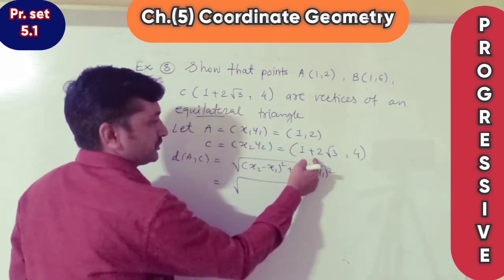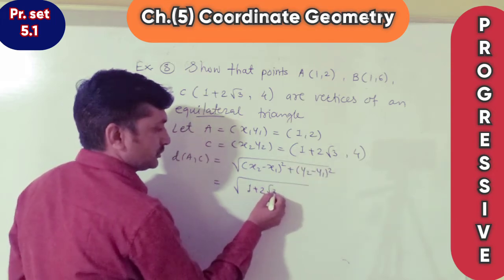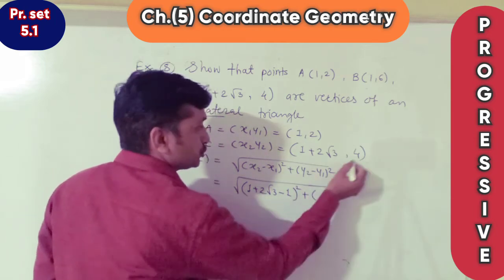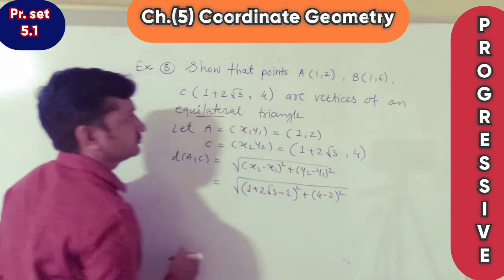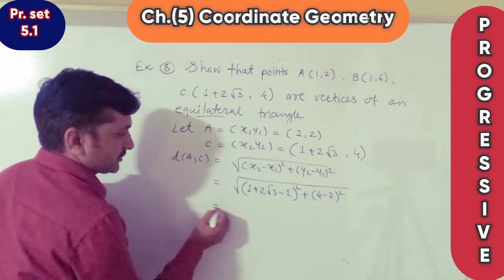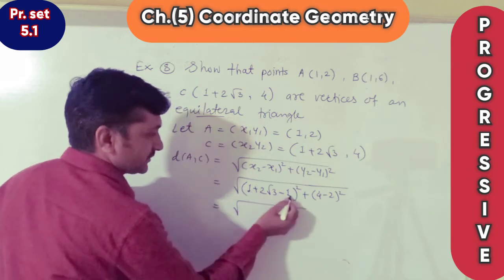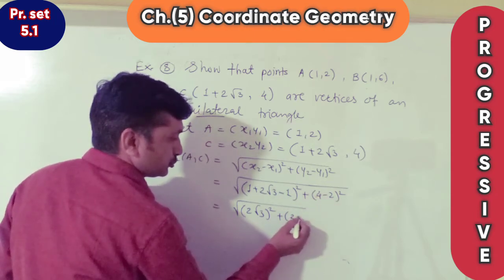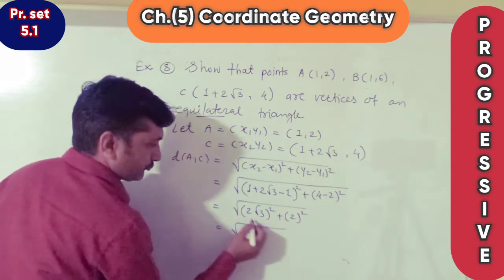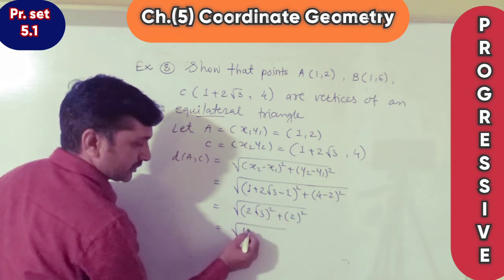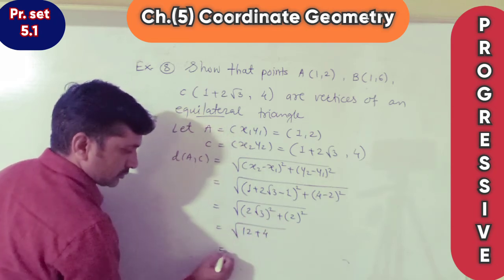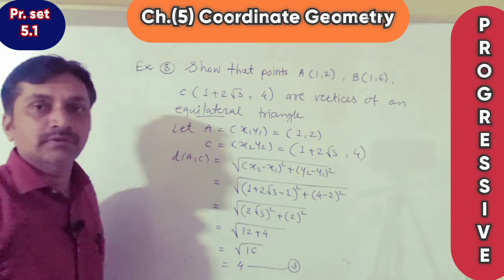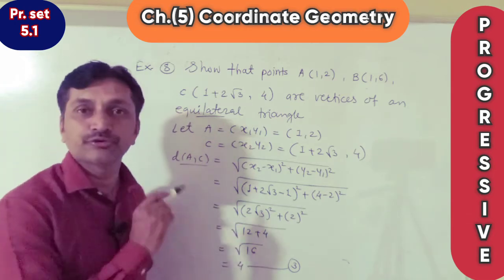Square root of 1 plus 2 root 3 minus 1 bracket square plus 4 minus 2 bracket square. Here also 1 minus 1 cancel, then 2 root 3 is left, bracket square, plus 4 minus 2, 2 bracket square. Square root of 2 root 3 bracket square, 2 2s are 4, 4 3s are 12, plus 2 2s are 4, 16, and root 16 is 4. Number 3, third distance AC also we got 4.